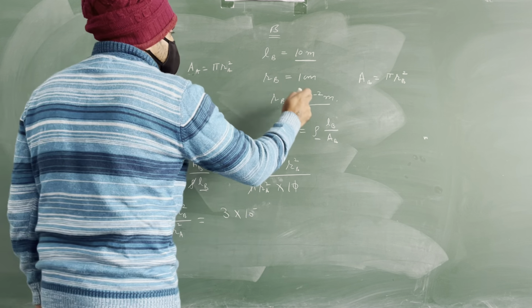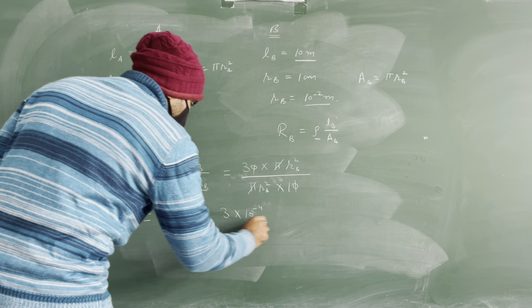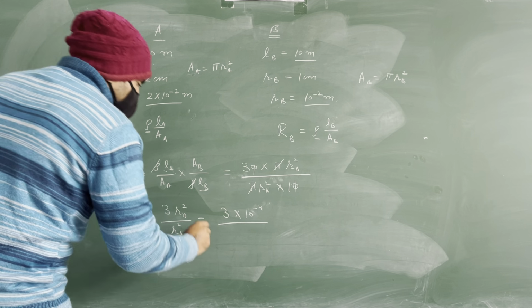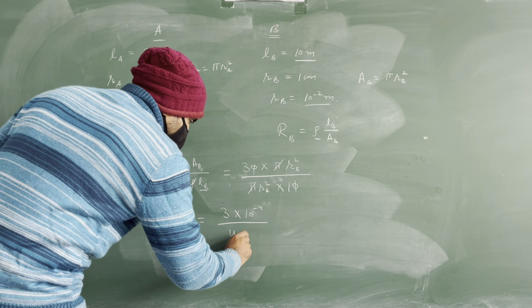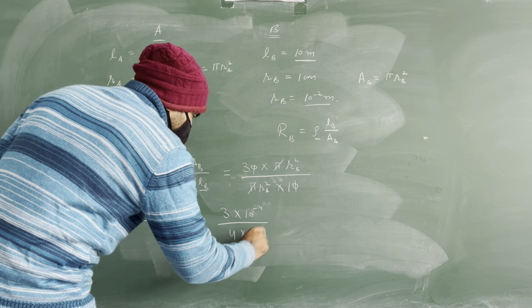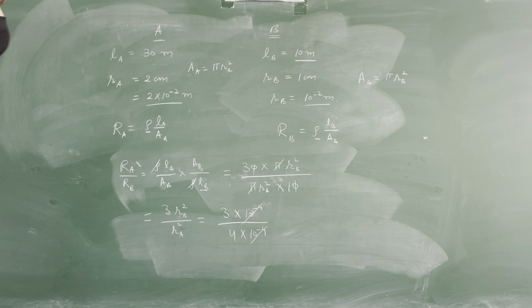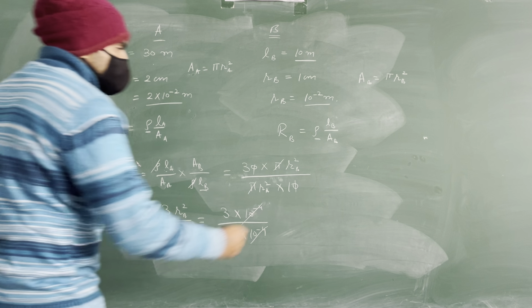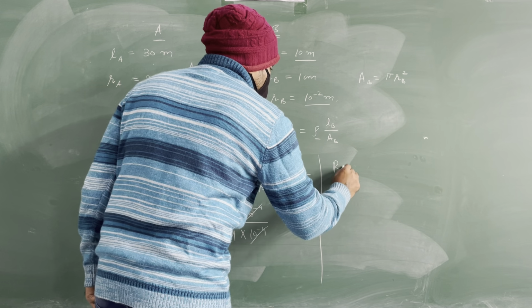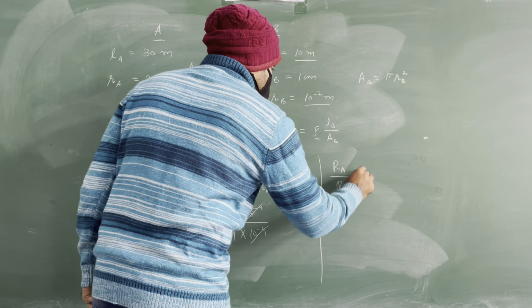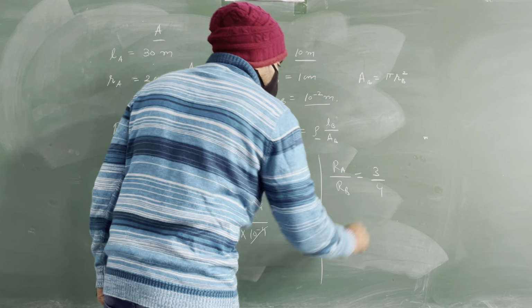If we square, 10 raised to power minus 4 remains, divided by 2 into 10 raised to power minus 2 squared, which is 4 into 10 raised to power minus 4. These two terms also cancel out each other. So we have the ratio RA upon RB is equal to 3 by 4.